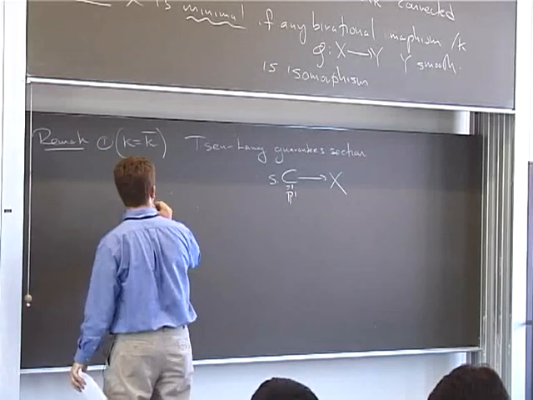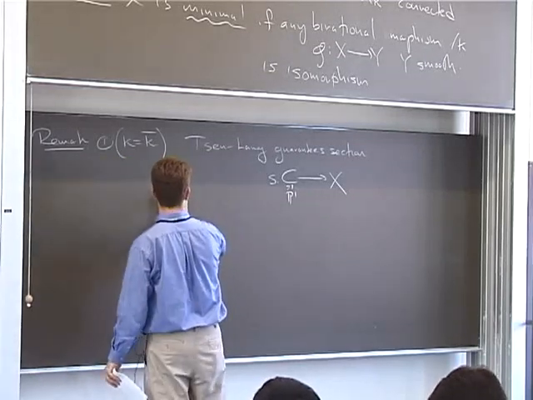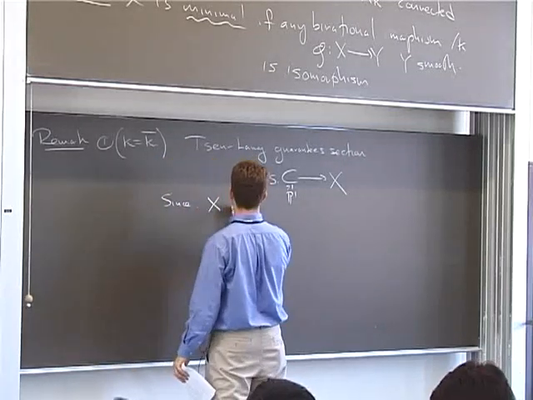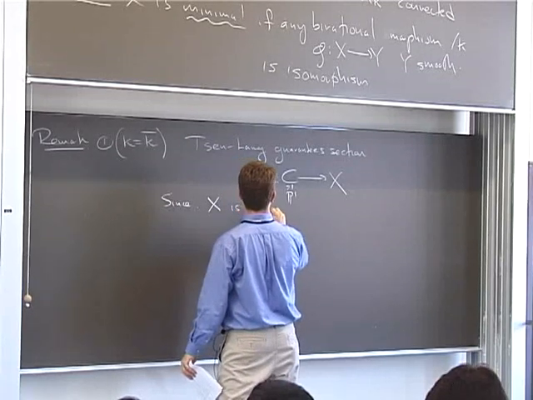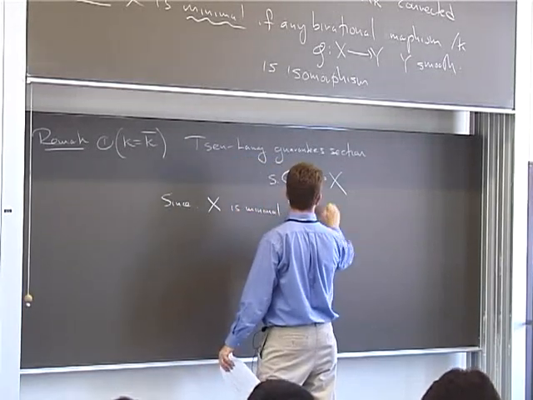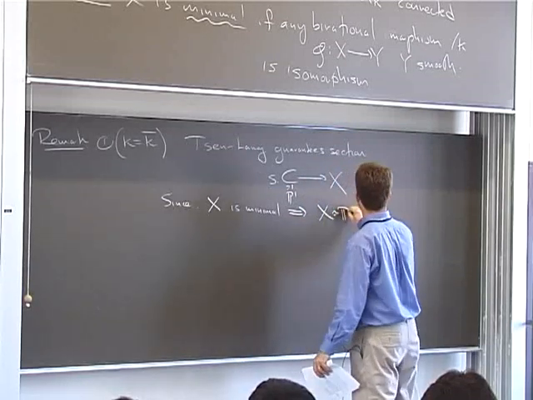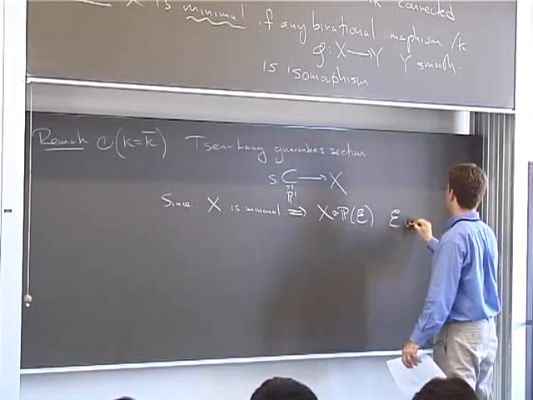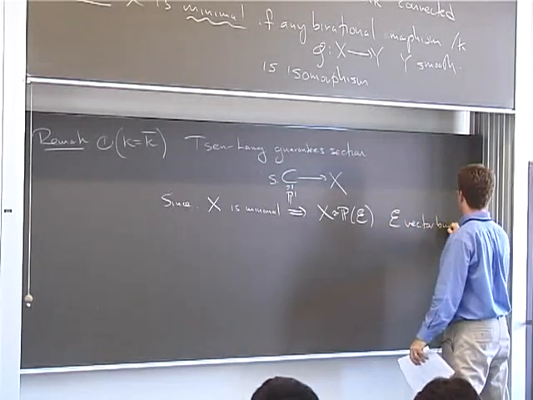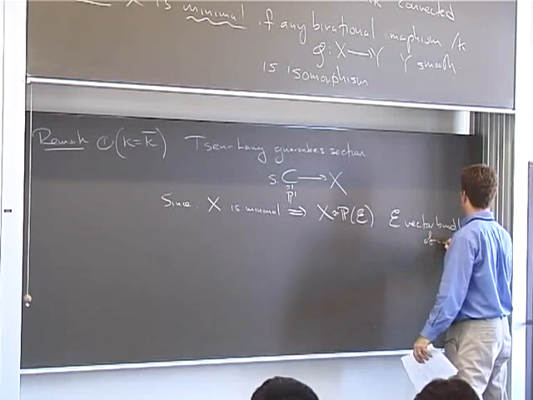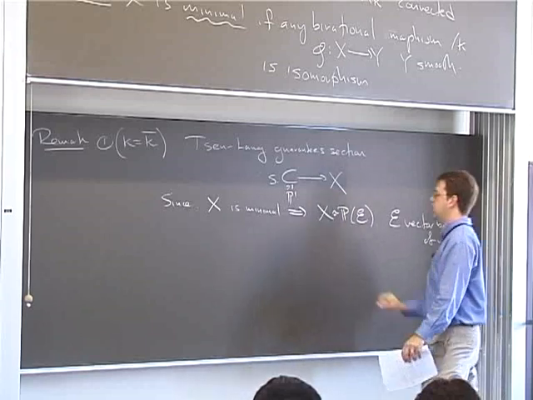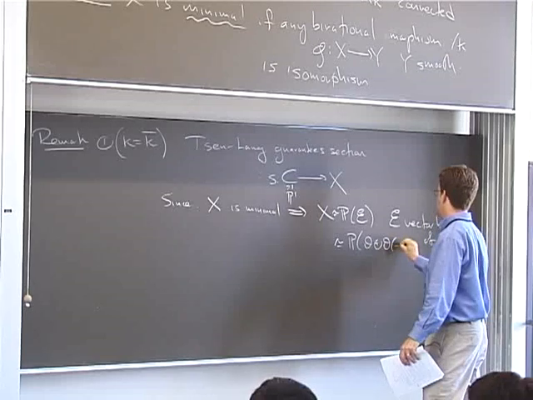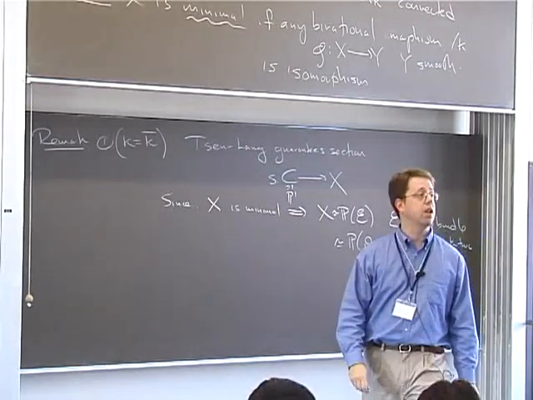So this implies, since X is minimal, we necessarily have that X is a projectivization of a vector bundle which is necessarily isomorphic to the projectivization of the split bundle by the classification.